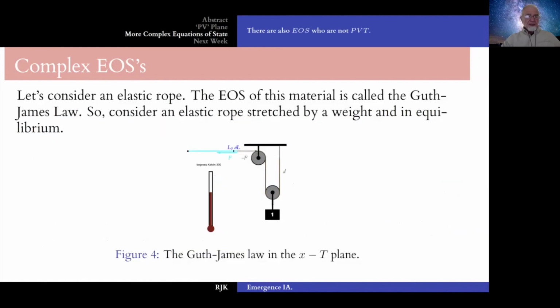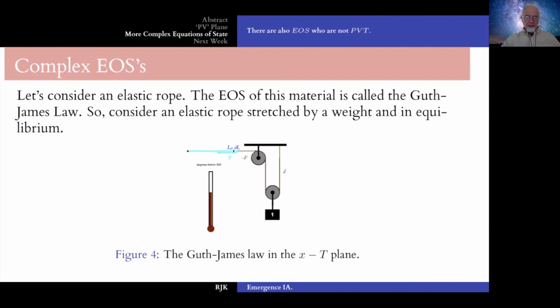So let's take a completely different kind of equation of state. In this material, it's the Guth-James law. If you consider an elastic rope or a rubber band or whatever you want to call it, stretched by a weight in equilibrium.